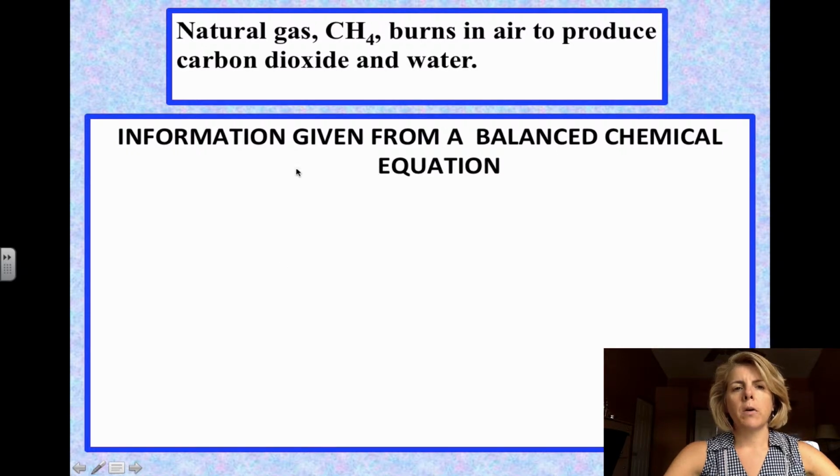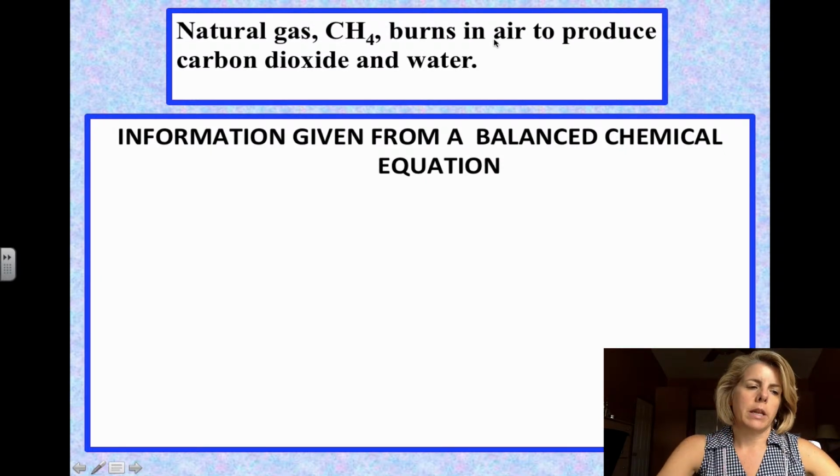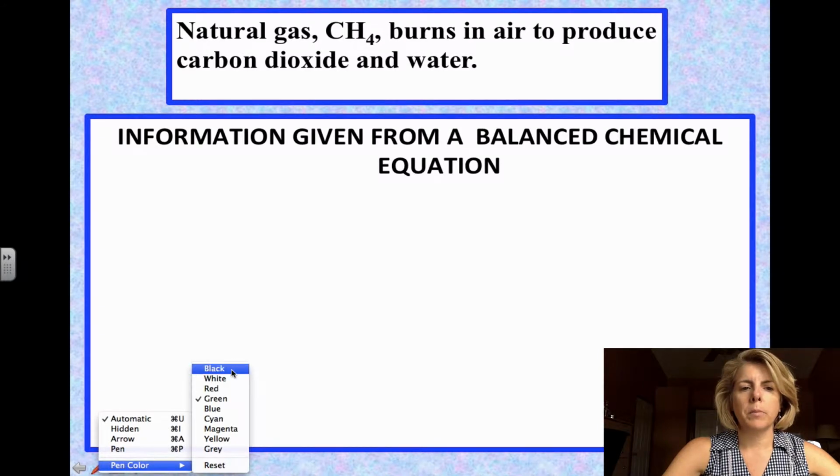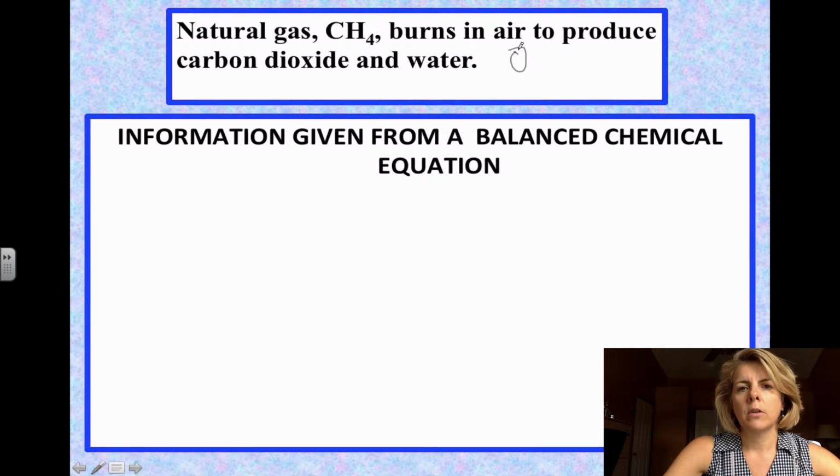Okay, so here we go. We have a chemical equation where we have natural gas, which is in the formula CH4, burns in air. Whenever you see the term air, just assume they mean oxygen. Even though air is composed of more than just oxygen, we typically just look at it as oxygen.